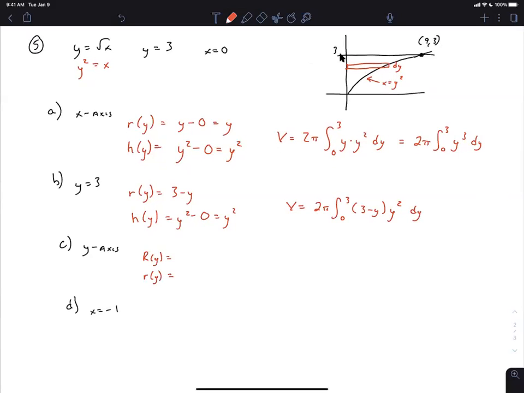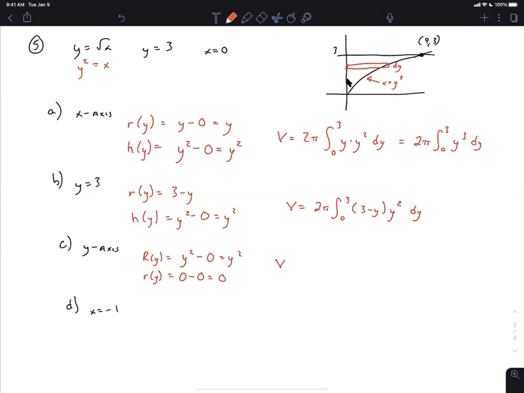That's the right x minus the left x. Well, the right x is y squared. The left x is 0, so it's y squared. And then small r is the distance from the closer end to the line. And the closer end is on the line. So it's 0 minus 0, which is just 0.